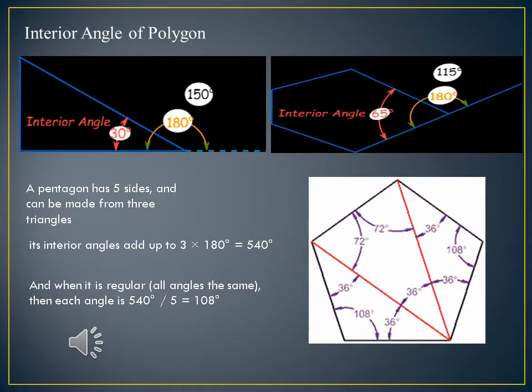Interior angle of a polygon. A pentagon has 5 sides and can be made from 3 triangles. Its interior angles add up to 3 times 180 degrees equals 540 degrees, and when it is regular, all angles are the same, then each angle is 540 degrees divided by 5 equals 108 degrees.